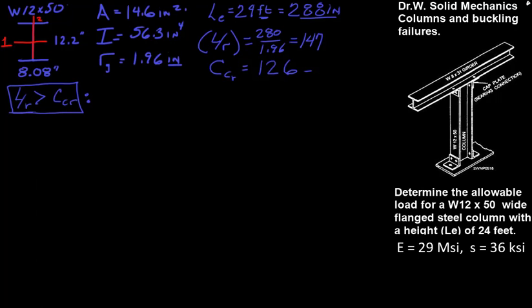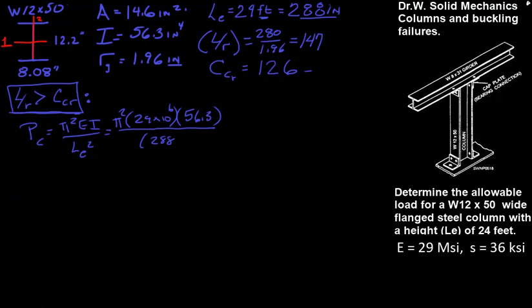So for an L on R that's greater than C critical, we can calculate the Euler value. So P critical is pi squared EI on length effective squared, which will be pi squared, E is 29 times 10 to the 6, our I value from the table is 56.3, divided by length effective, 288 inches squared, and we get 194 kips from that.